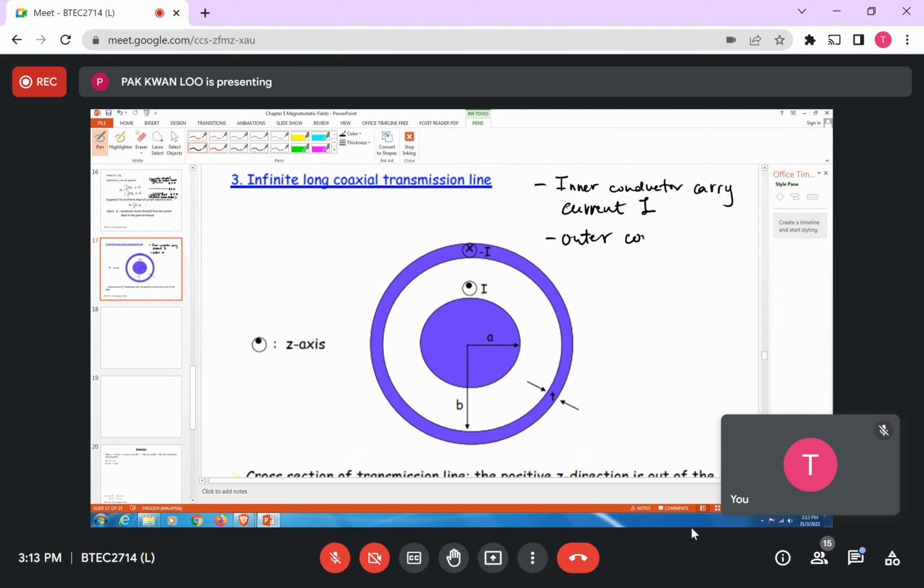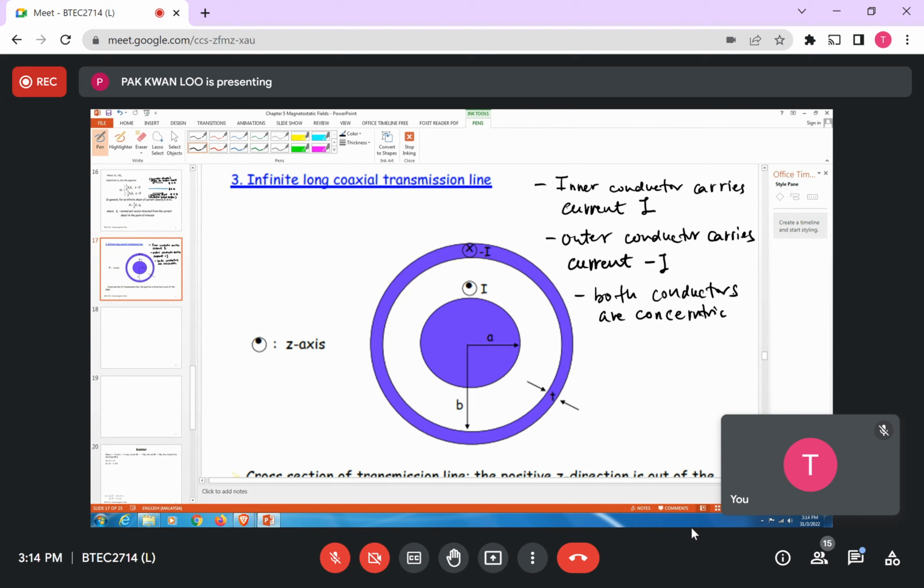The outer conductor carries current negative I, the inner conductor carries current I, and both conductors are concentric.